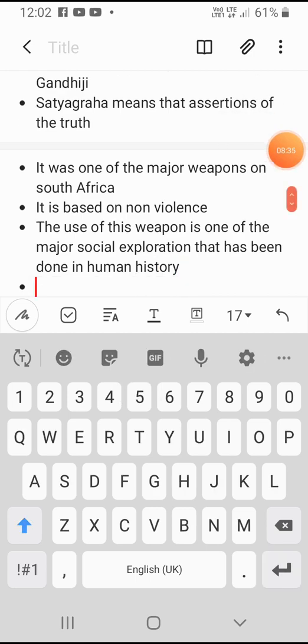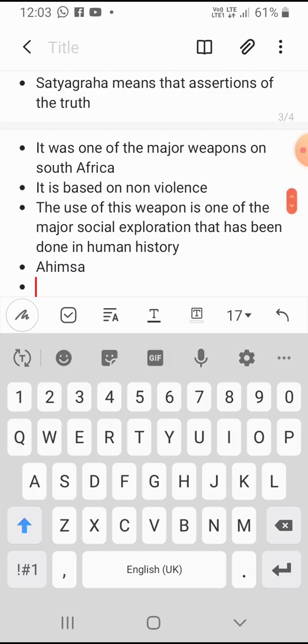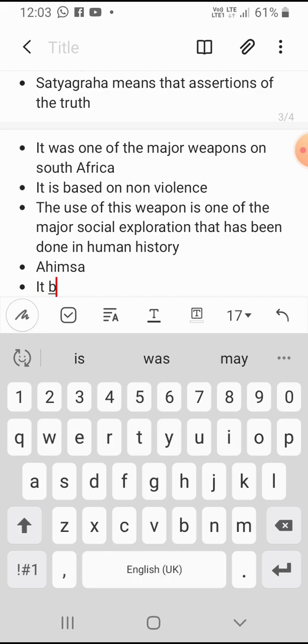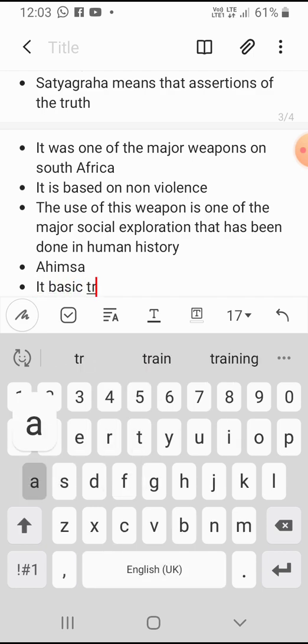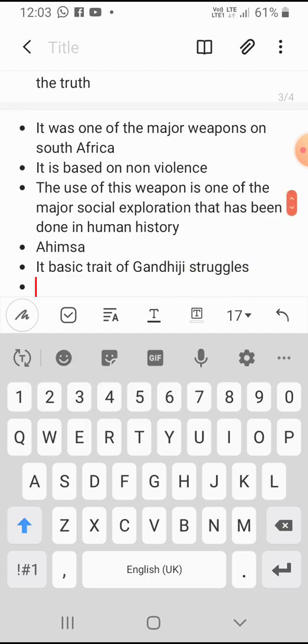For this satyagraha, Gandhi practiced ahimsa. Ahimsa is a basic trait of Gandhiji's struggle.